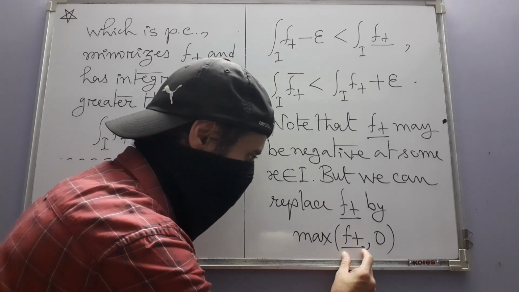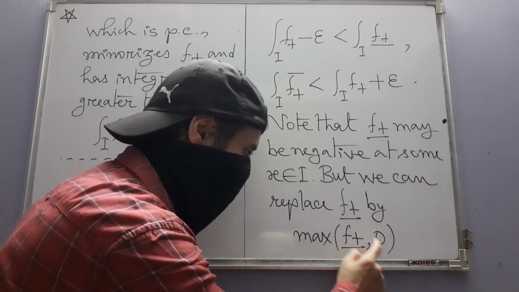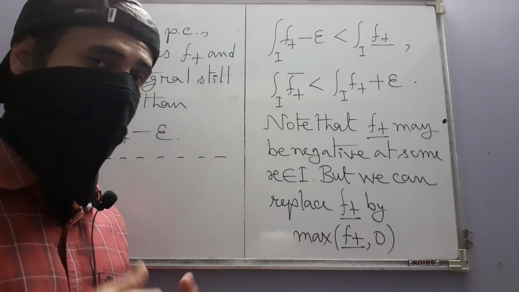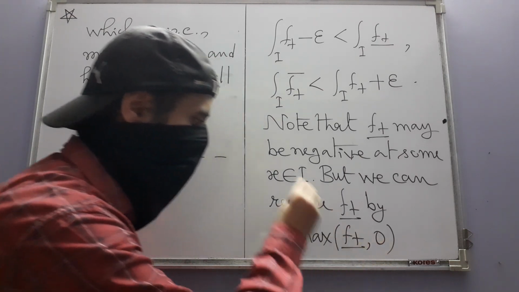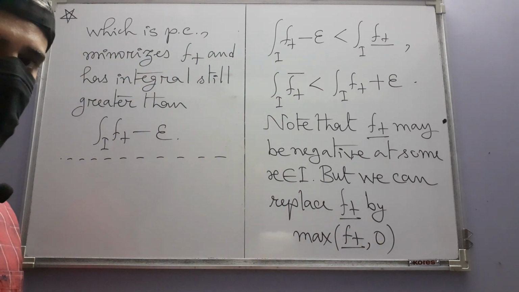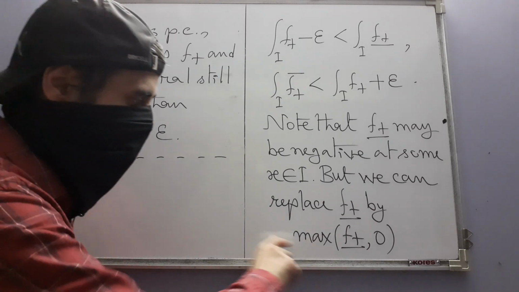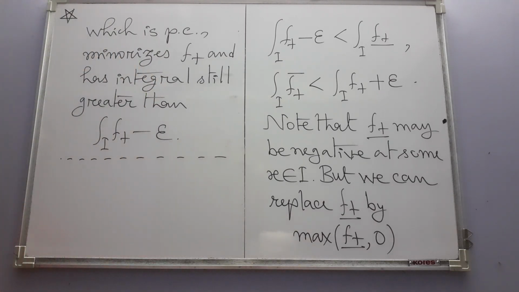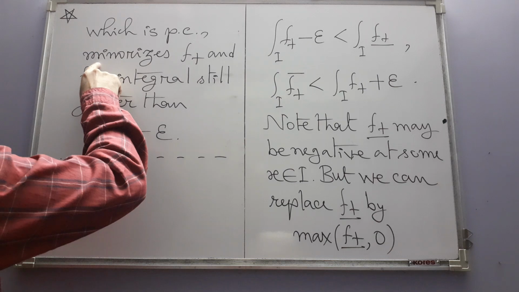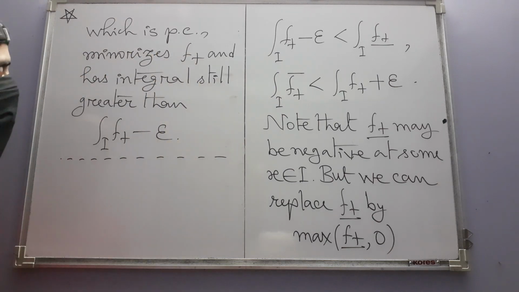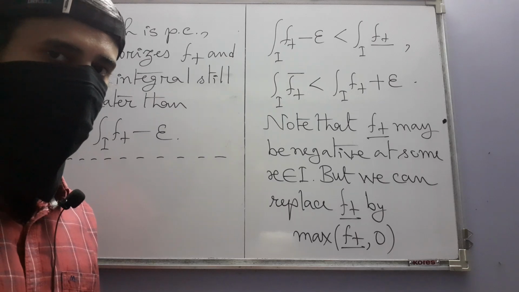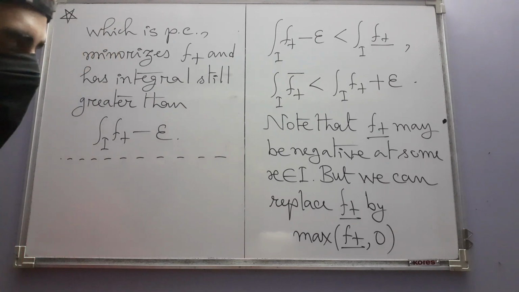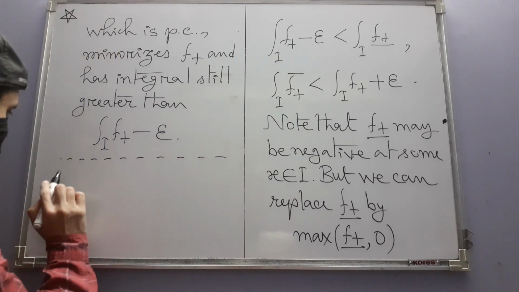This is already a PC function and this is also a PC function because it's in fact constant, so obviously also piecewise constant, and so their maximum is also PC. So it's not a very big problem that this is a PC function. But then we say that this still minorizes f plus, just like the original function f plus underscore. Is that true? Let us see.